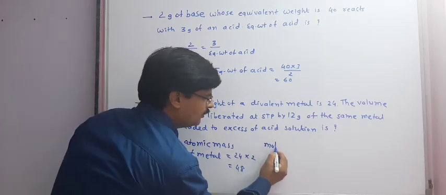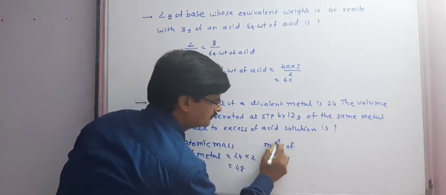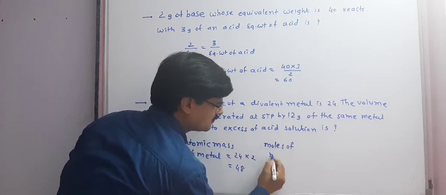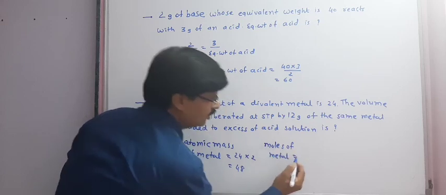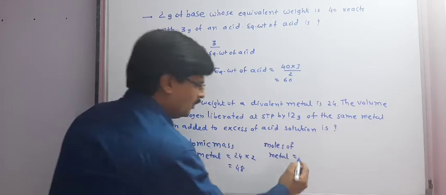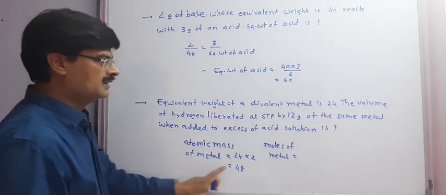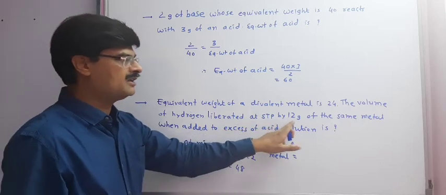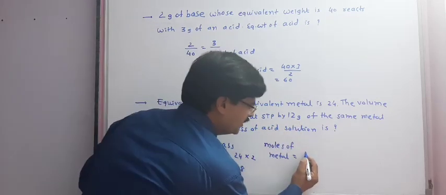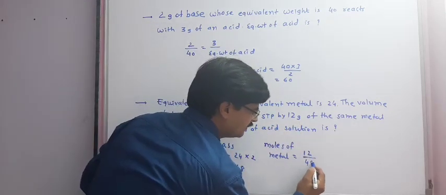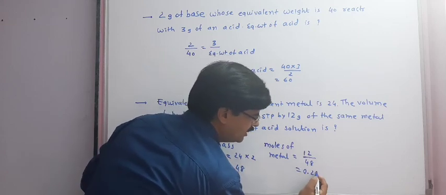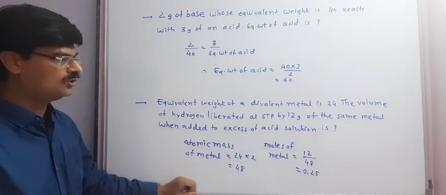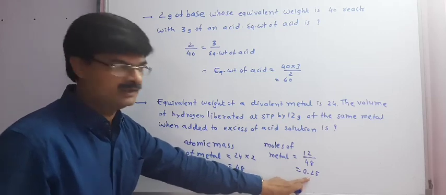So moles of metal. 48 gram is the molar mass and it is given that hydrogen liberated at STP by 12 gram of the same metal means 12 divided by 48. So we will get 0.25 mole. Moles of metal is equal to 0.25.